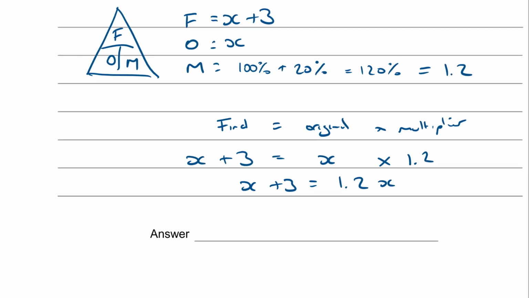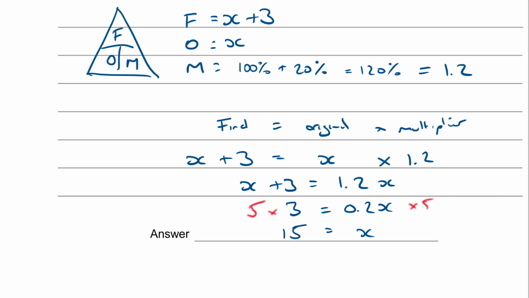Taking X away from both sides, I'm going to get 3 is equal to 0.2x. If I want X, I'm going to have to multiply both sides by 5, aren't I? So I'm going to get X is equal to 15.